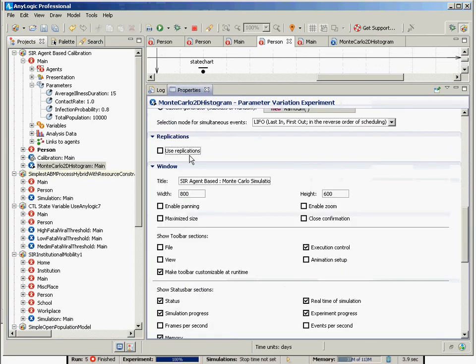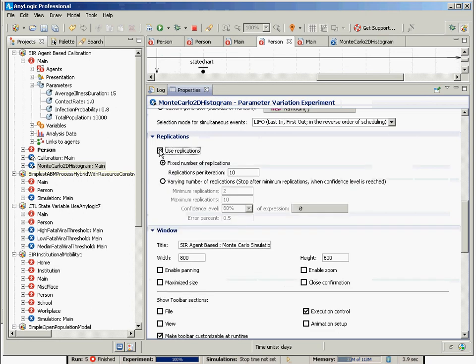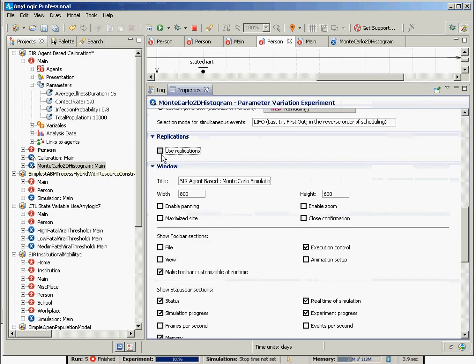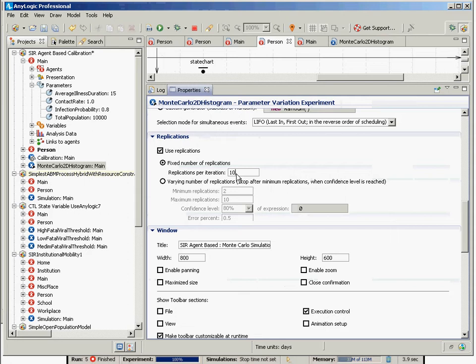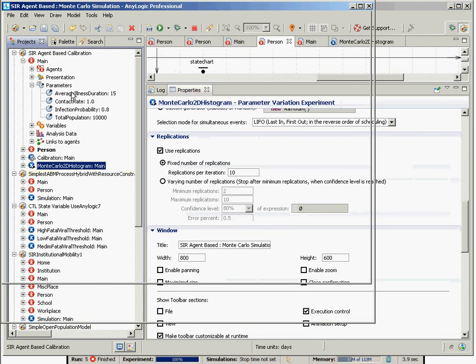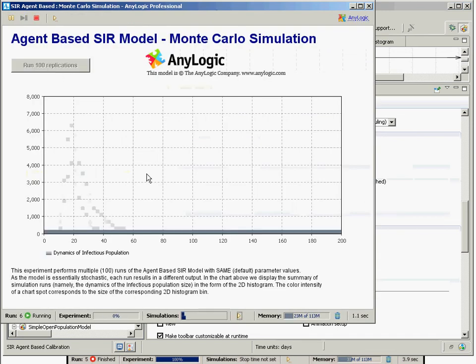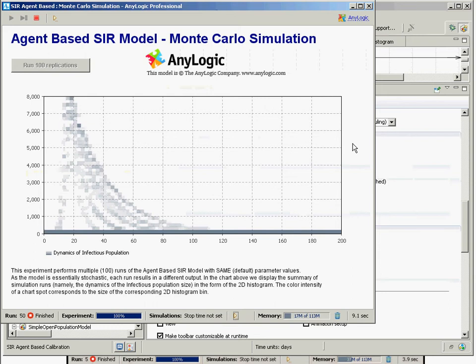So for each of those five different assumptions concerning average illness duration, I'd like to run it 5 times, and that will capture some variability around those points. So here we've run it 5 times for small average illness duration, so 5, 10, 15, 20, and 25, and there's some variability associated with a given assumption.